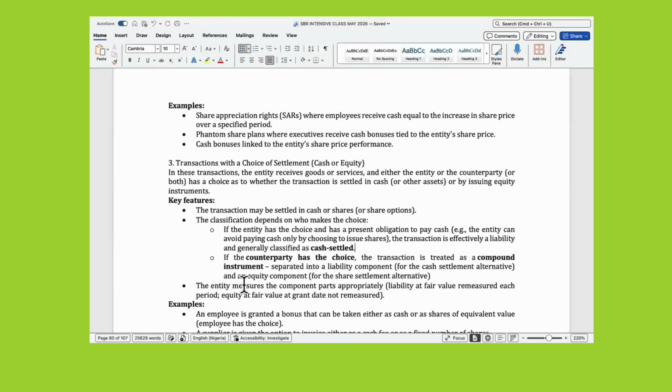So you will then measure each component part appropriately. We'll measure the liability at fair value, which will be remeasured every year, and the equity at fair value at the grant date, which this one is not remeasured. So equity is equity. The value does not change, just like what I taught you.